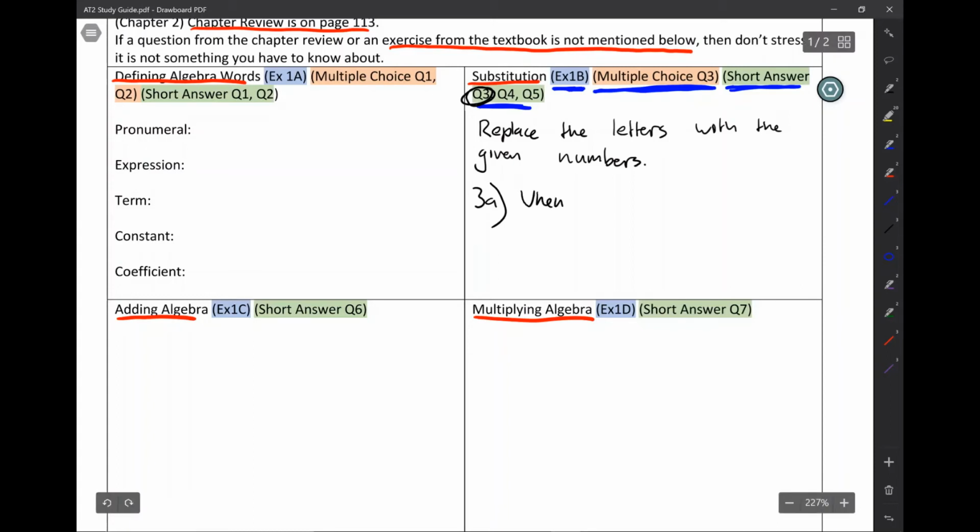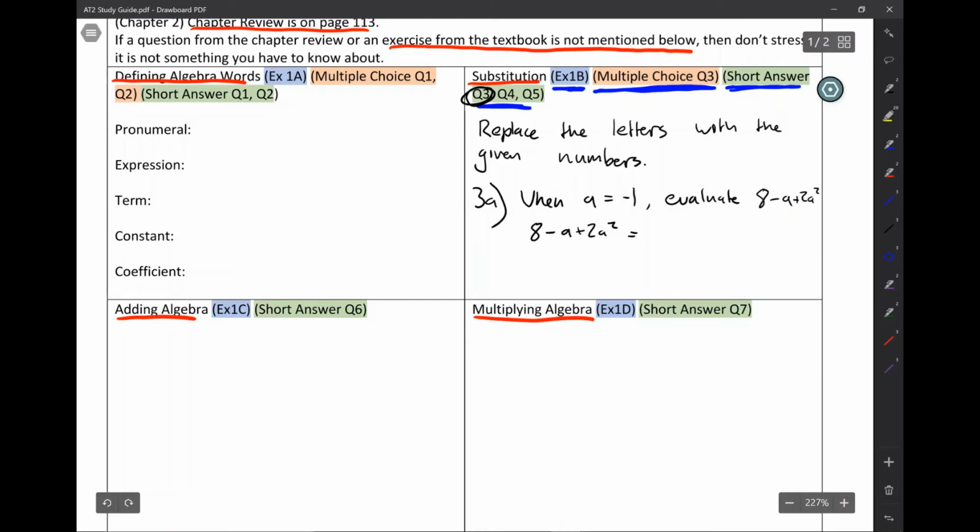When A equals -1, evaluate 8 minus A plus 2A squared. And I'm going to do this example here in the box. 8 minus A plus 2A squared.